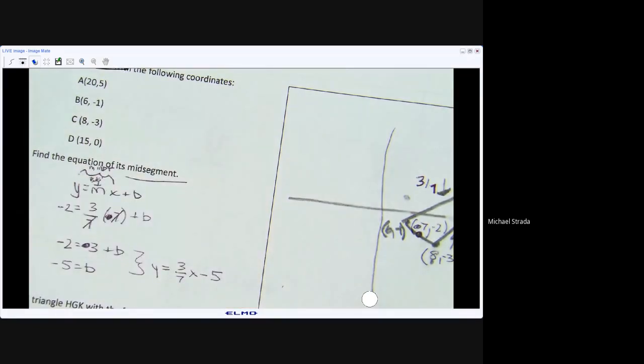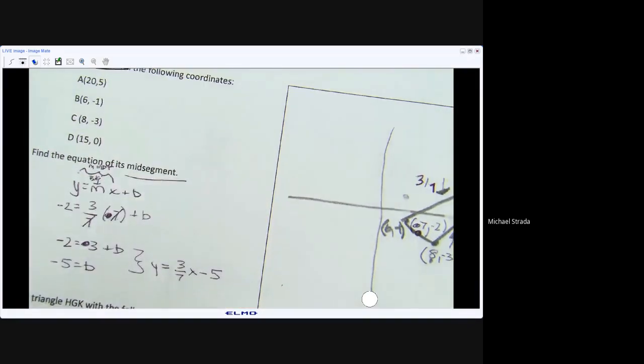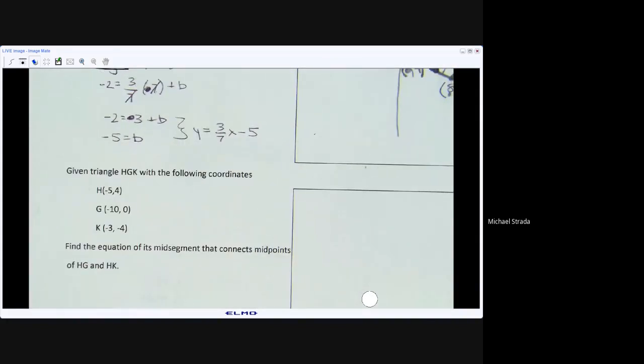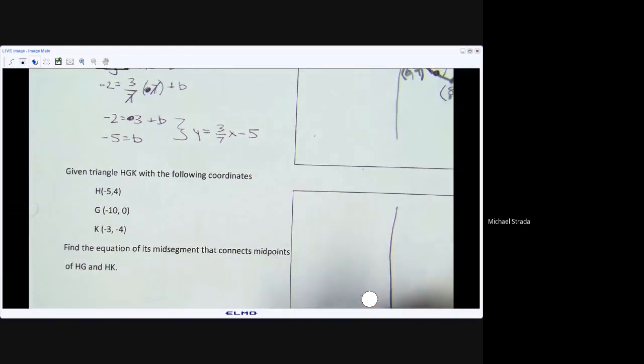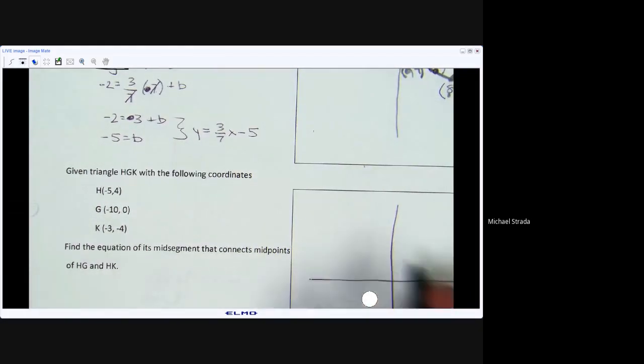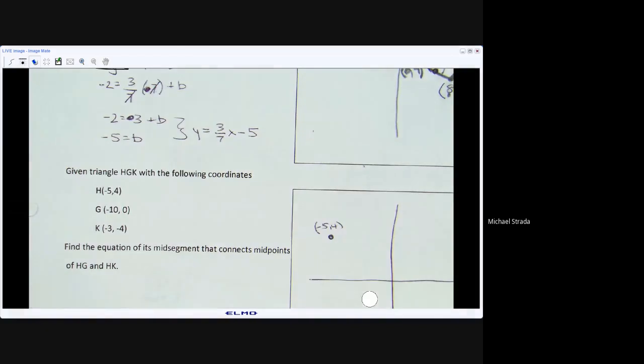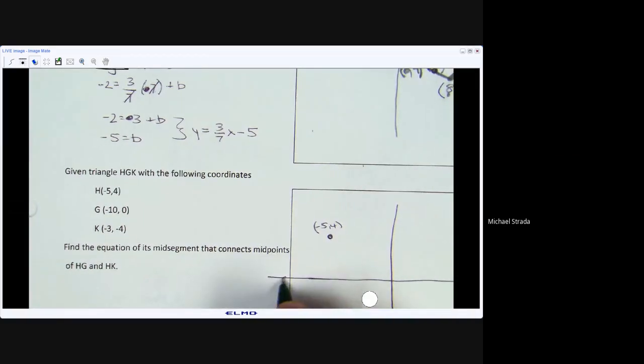All right. So the second part of today's exercise, finding the midsegment of a triangle HGK with the following coordinates. H, -5, 4. G, -10, 0. And K, -3, -4. So those are my 3 points.